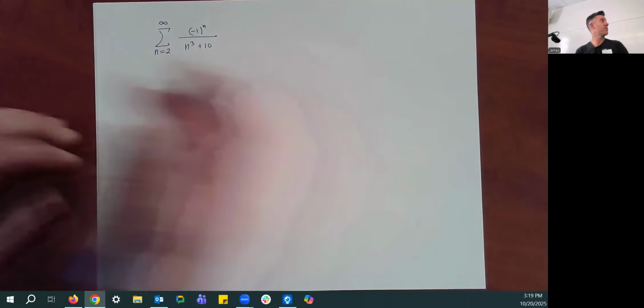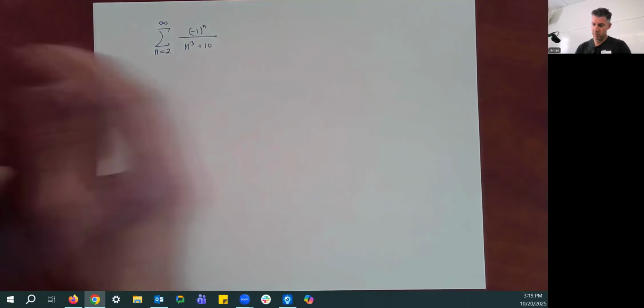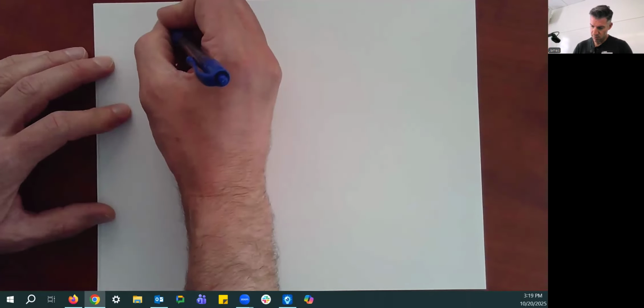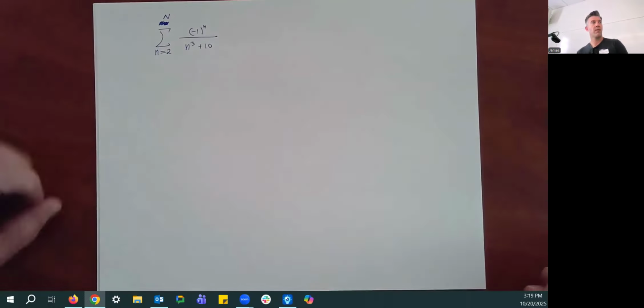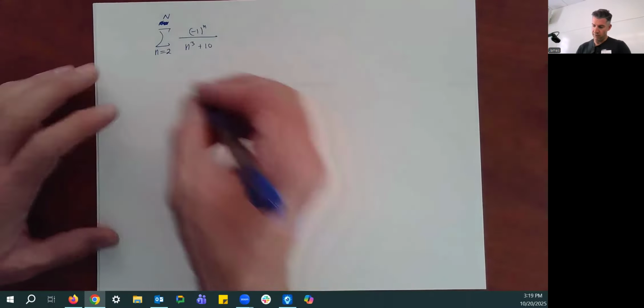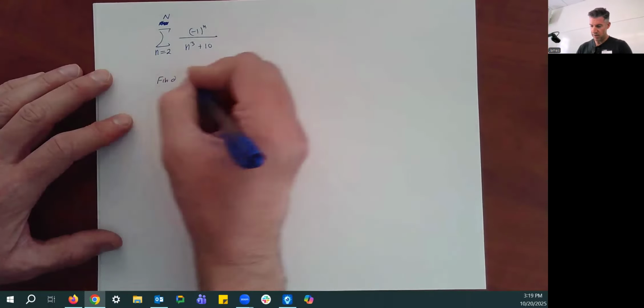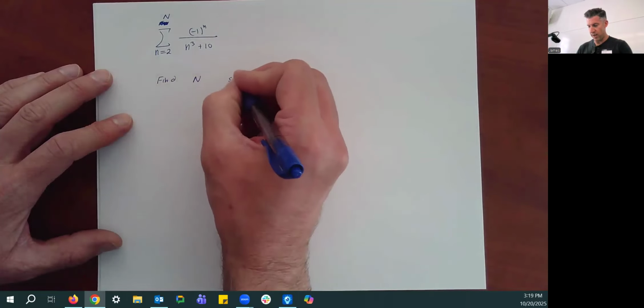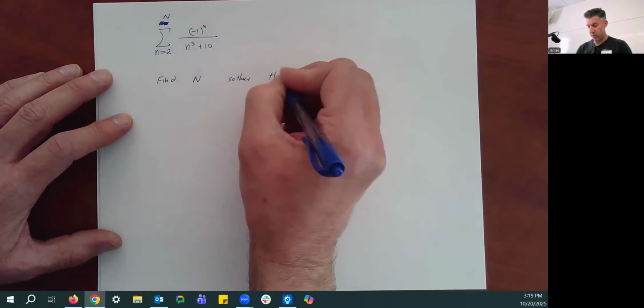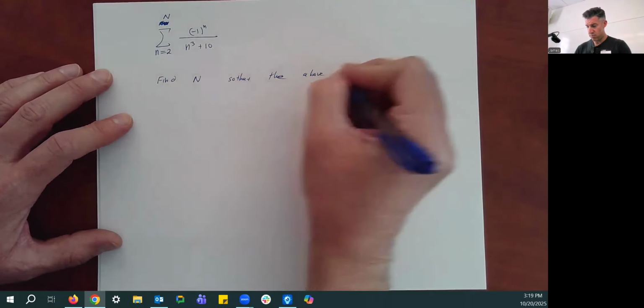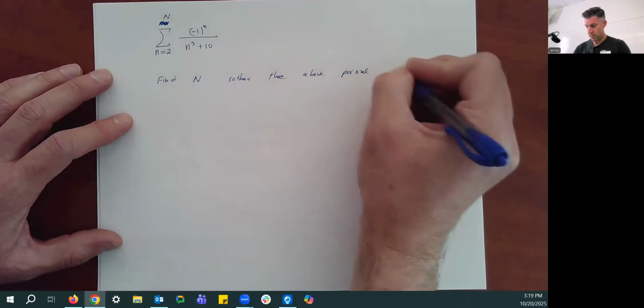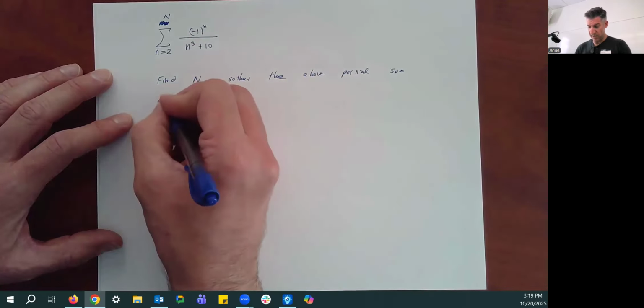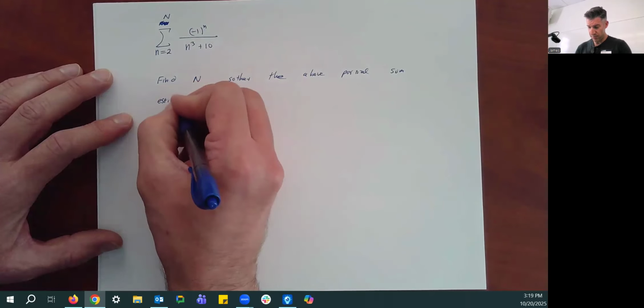Or, no, sorry, 2 to n, and then you're supposed to find n that approximates it within 1/100. So we want to find, no greater than 1/100, and so that the above partial sum estimates the infinite sum. Yes.